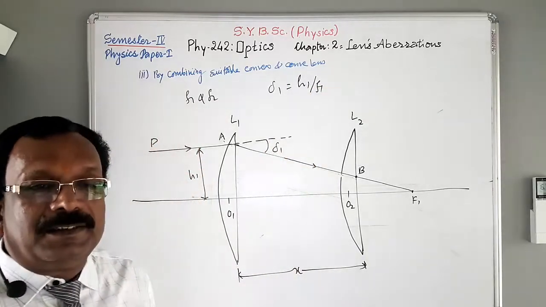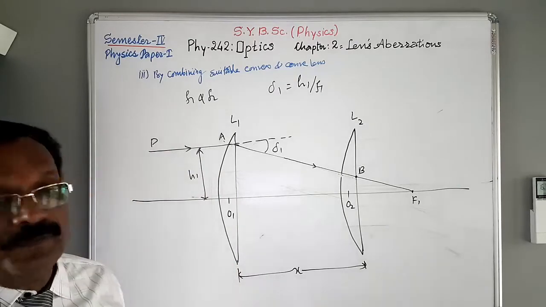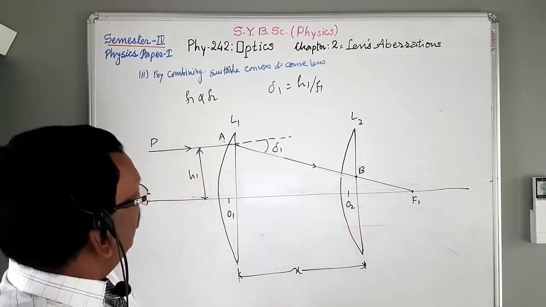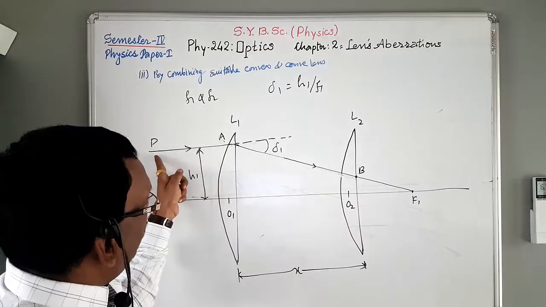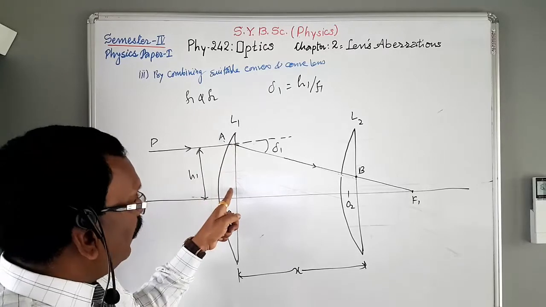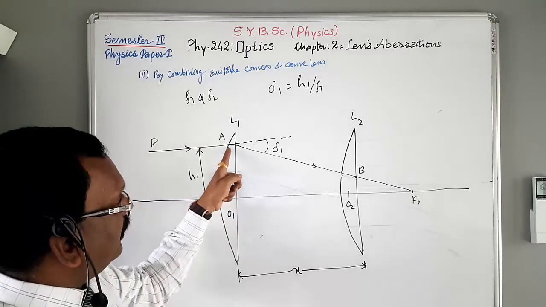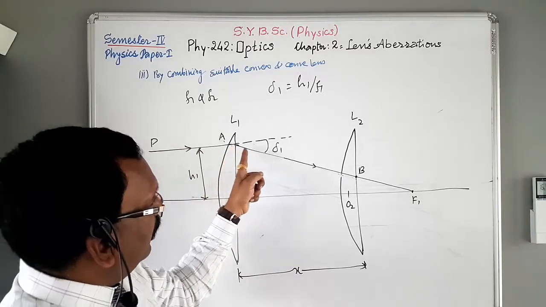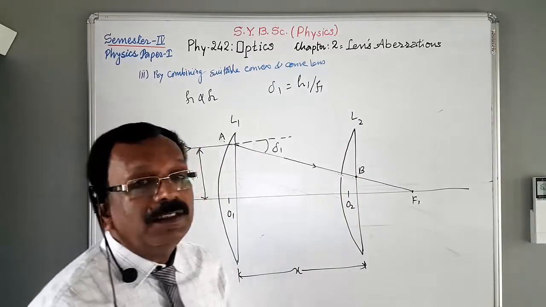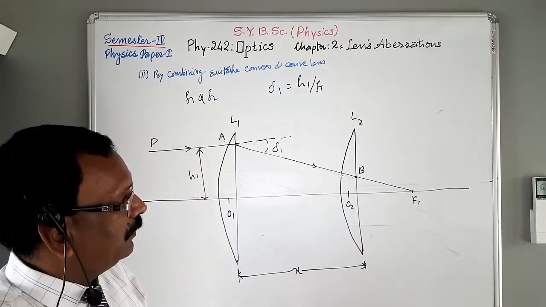This is already studied by us in chapter number 4. But this is the case when this ray PA is incident on the plano-convex lens. After refraction, it reaches and strikes the surface at point B on the second plano-convex lens.